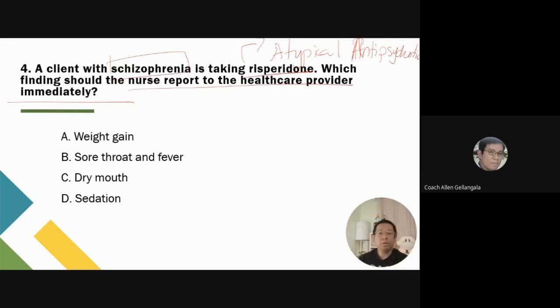So, in order to prevent the signs and symptoms of psychosis, hallucinations, delusions, aggressive behavior, impulsiveness, illusions, you need to stop your actual dopamine. So dopaminergic transmission is being halted in your typical antipsychotics.